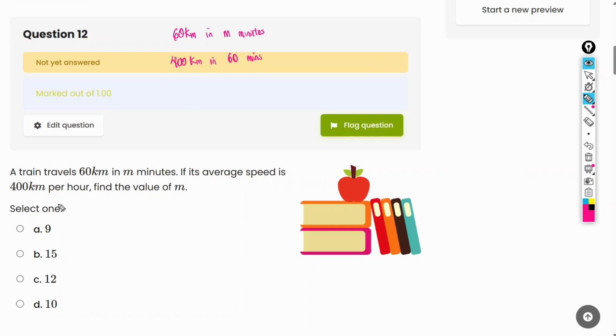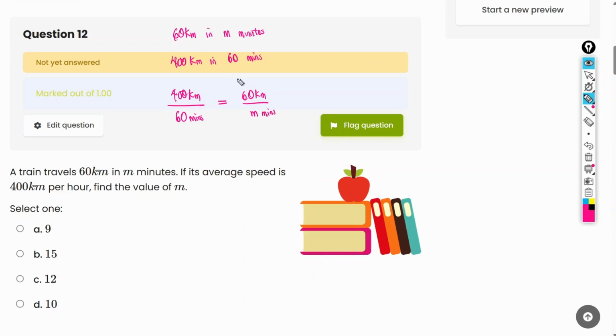You would agree with me that the speed must be the same, right? So 400 kilometers over 60 minutes must be equal to 60 kilometers over m minutes.